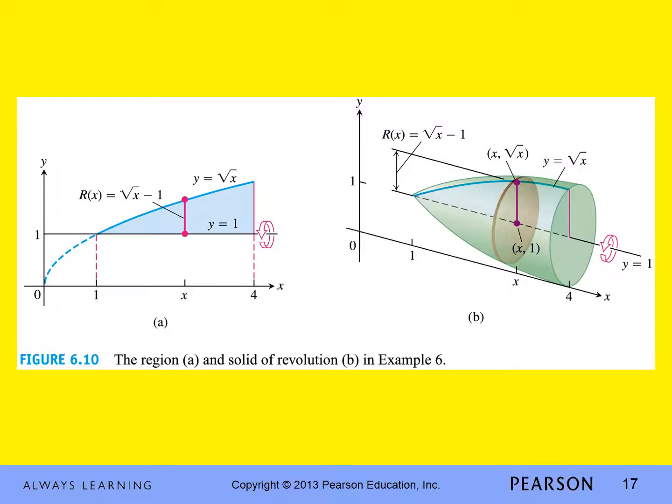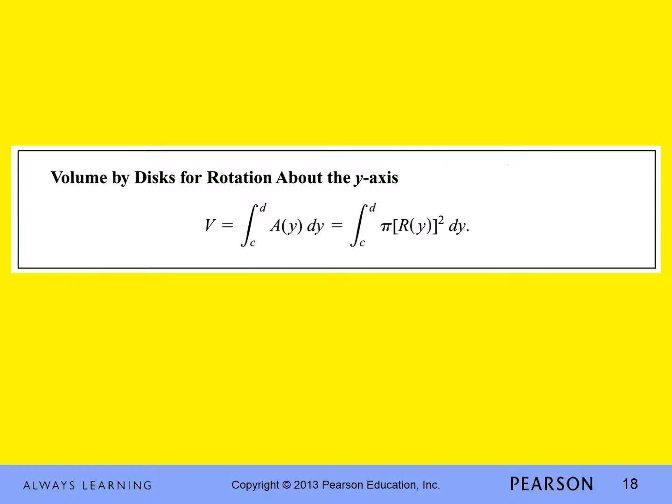We can also find a volume for a solid revolved not around the x-axis but around some other horizontal line. We can also find a volume for a solid rotated about the y-axis, and that's going to go similarly.